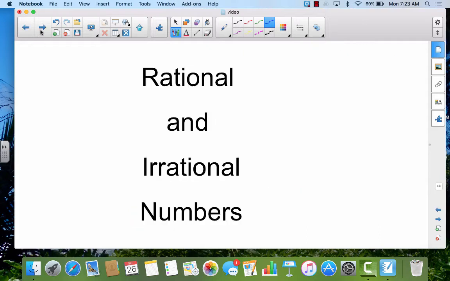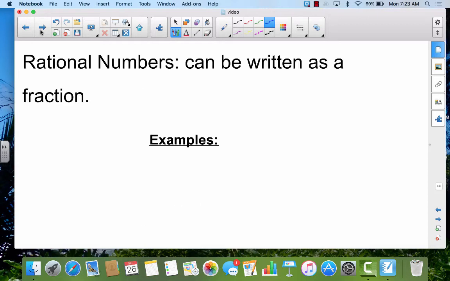So keeping that in mind, we're going to talk about these two terms. You're going to hear them a lot this year. And the first one is a rational number. A rational number is a number that can be written as a fraction. So that includes numbers such as 2/3, which are already in fraction form. It includes terminating decimals such as 0.7, because I know that I can write 0.7 as 7/10.